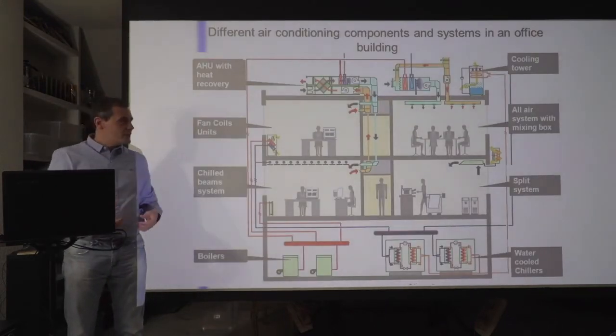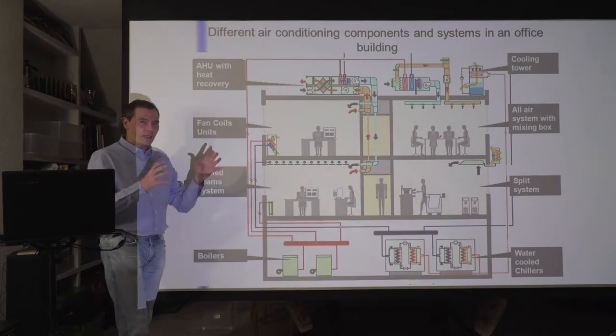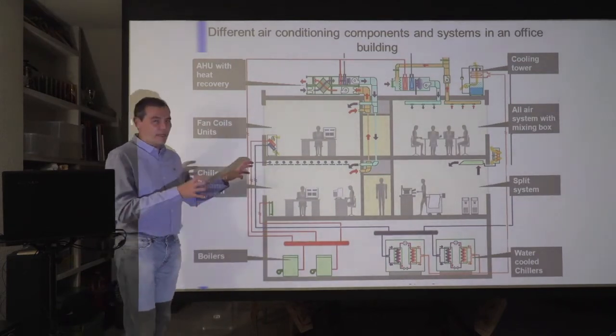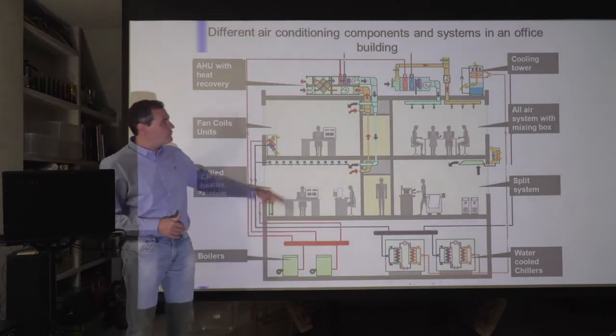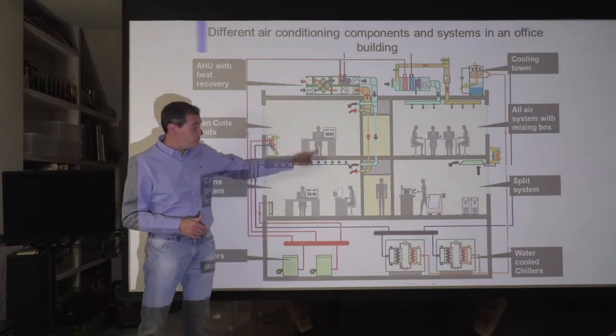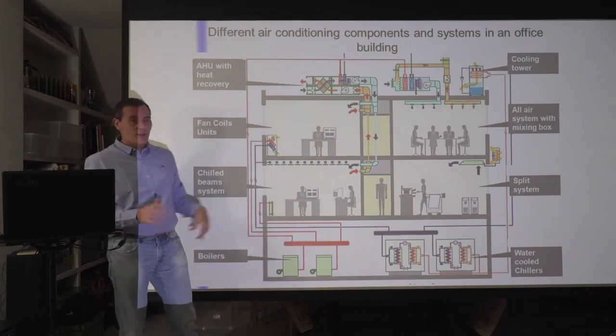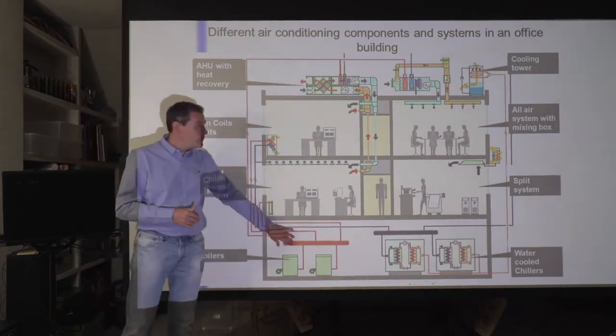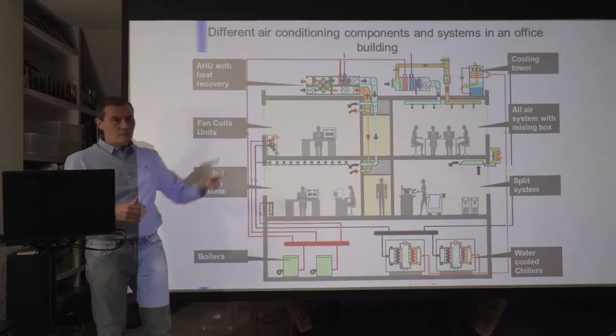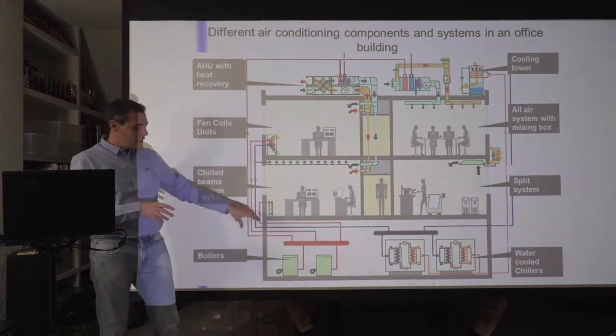Then the next step is to integrate those systems in the actual building. So here we have a building, we have a basement, and we have 2 floors. This is an office building, and then we have the roof. Usually, most of those systems are either in the basement or on the roof. And this is the generation.